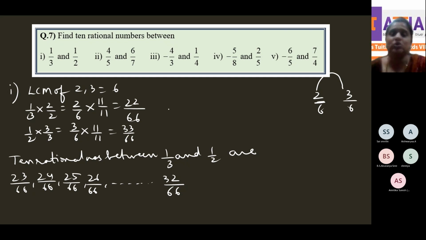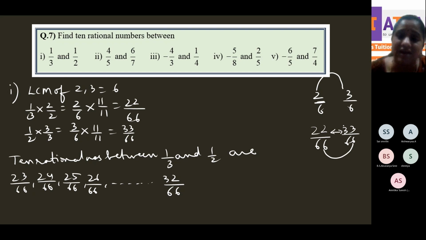So now the space in the numerator is increased. It's 22/66 and 33/66. The denominators are still the same. Now the gap between the numerators has increased, 22, 33. Now you can insert. After 22 is 23, 24, 25, 26, goes on till 32/66.